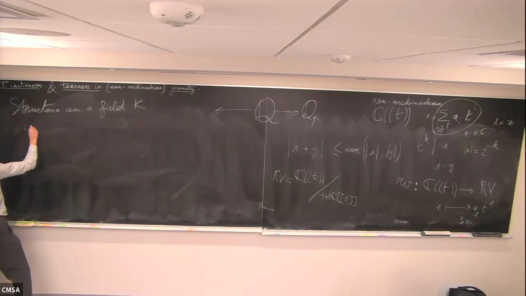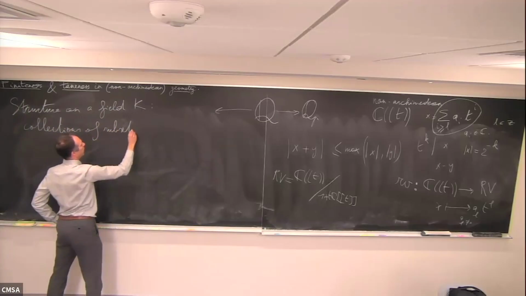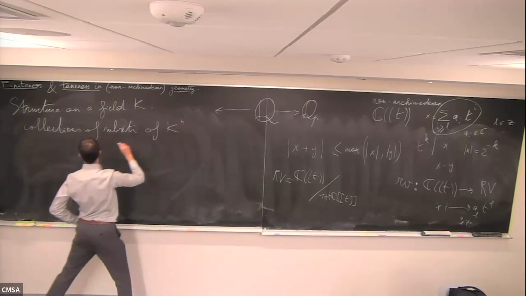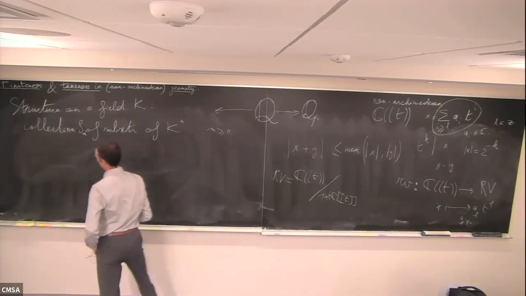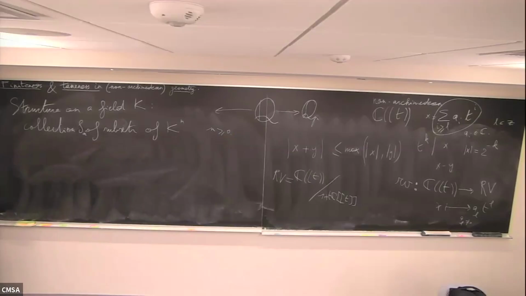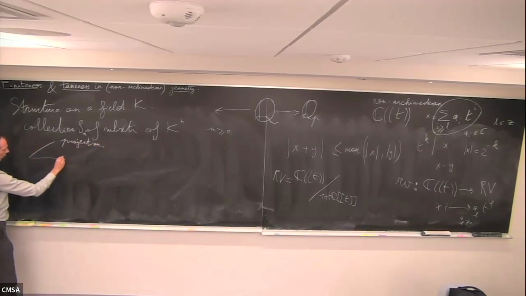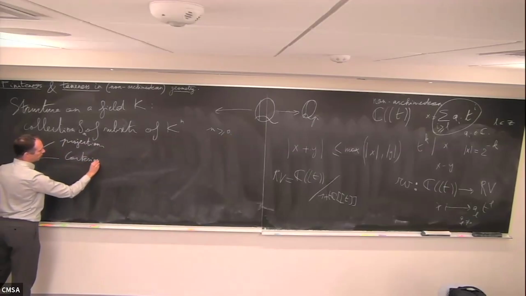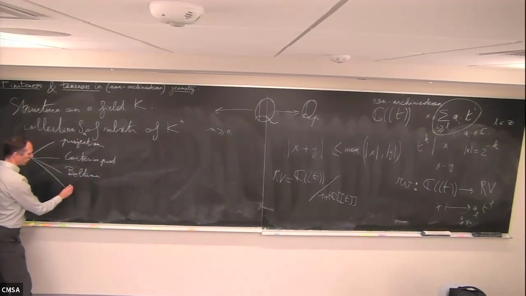It's a collection, as we have seen before. There are collections of subsets of K to the n. It's a collection Sn for each n. And you ask it to be stable under certain basic operations. Essentially, what you ask it to be stable by is coordinate projections, as we have seen before, Cartesian products, Boolean combinations, and you require that in Sn you have the algebraically the Zariski closed sets.